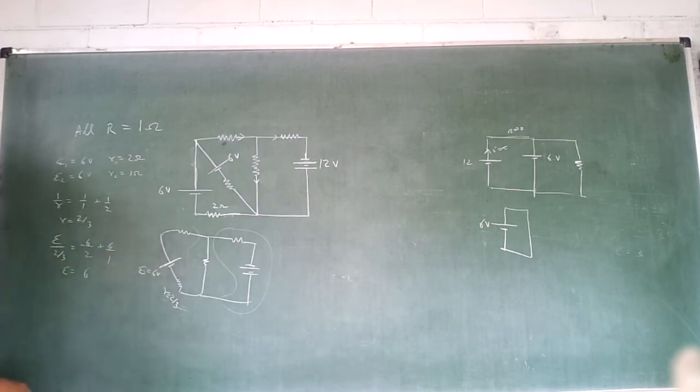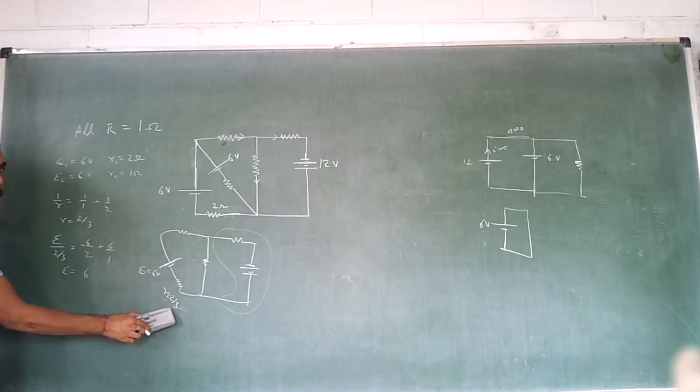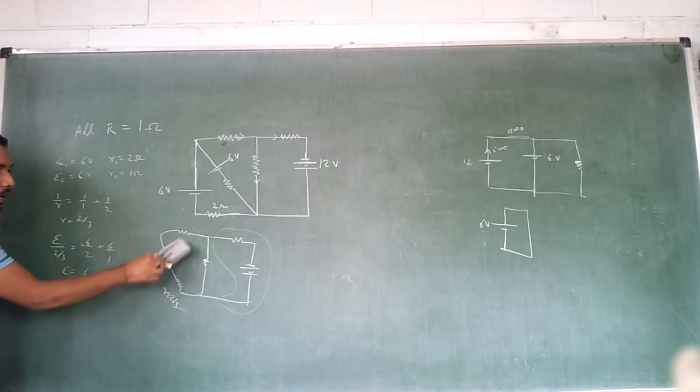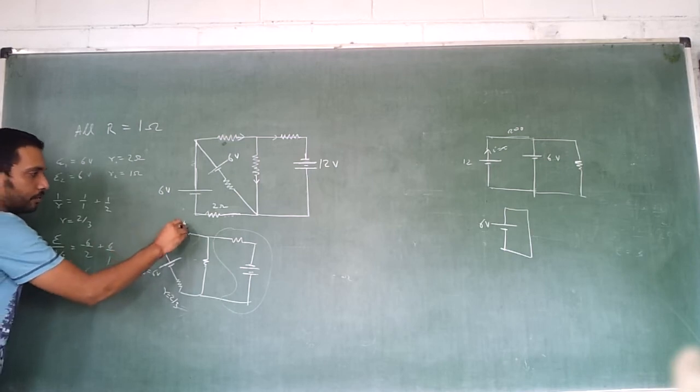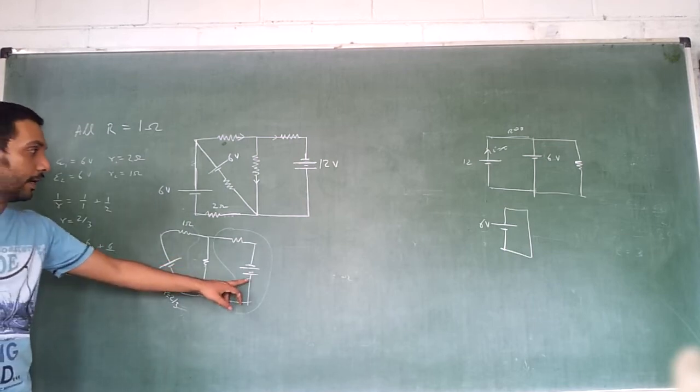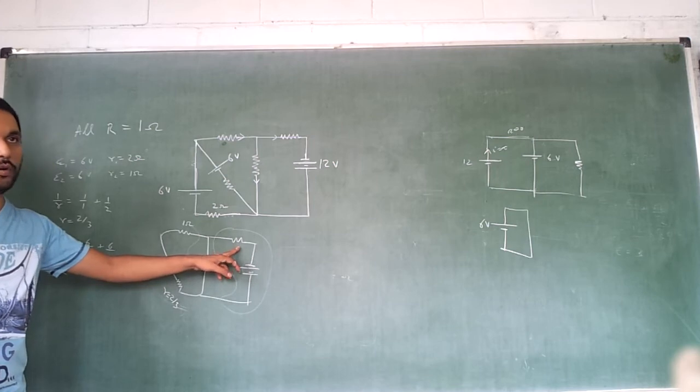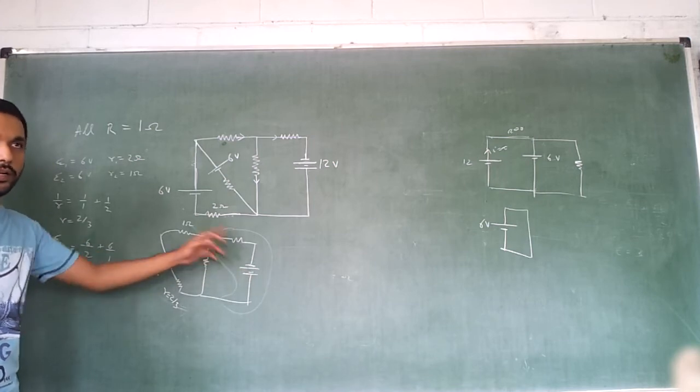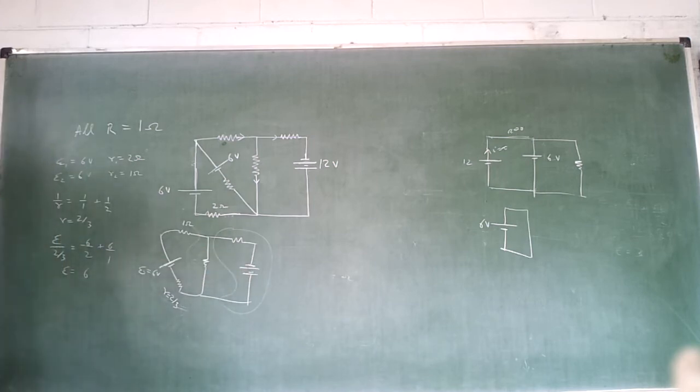Next, this R, 2 by 3, and 1 ohm is how much? 5 by 3. 5 by 3, 6 volt and 12 volt, 1 ohm, you will combine them together. Combine and tell me how much is the battery.